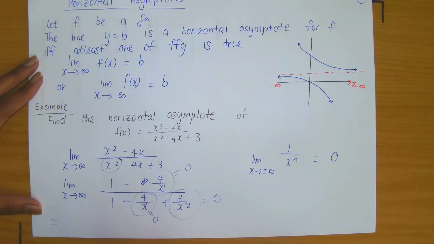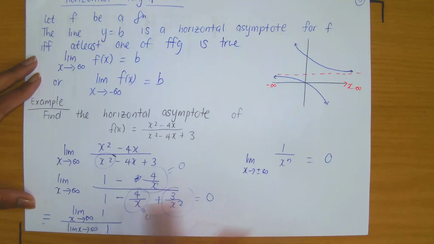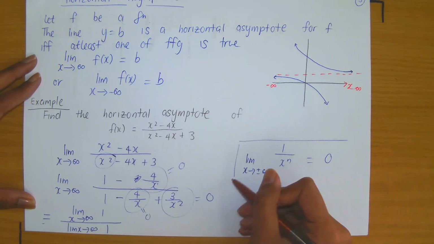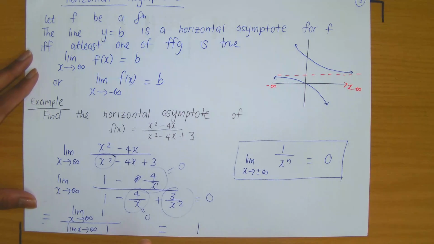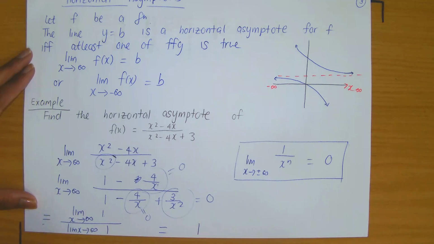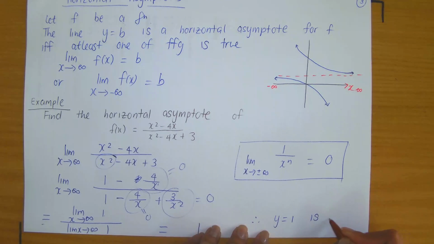So that means that I have the limit as x approaches infinity of a constant divided by the limit as x approaches infinity of a constant, since these three terms all go towards 0 by this rule which we had learned previously. And the limit of a constant is the constant, so therefore I've got 1 divided by 1, which is 1. So what this now means, based on that checking criteria, is that y equals 1 is a horizontal asymptote for that function.